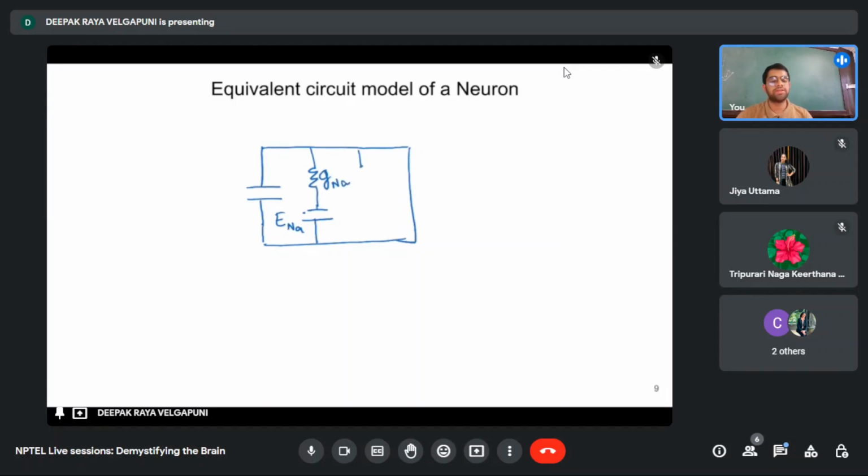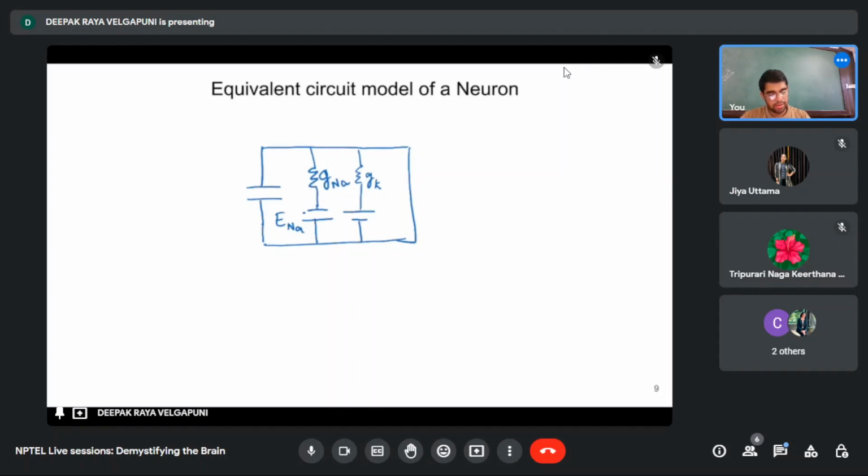The reciprocal of resistance is conductance, denoted by G, and GNA is the conductance particular to the Na plus ion channels. And you have GK, and since the equilibrium potential of K is negative, let's change the electrode lengths here.